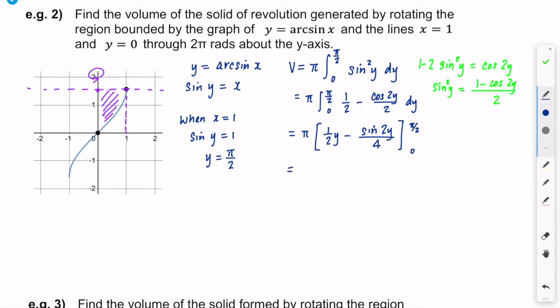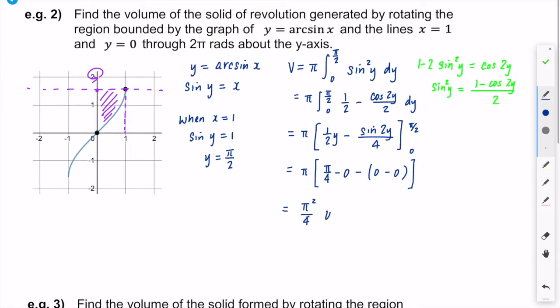This way, I will have pi over 2 times a half, pi over 4, minus sine pi over 2 times 2, so sine of pi, which is 0, so that's good. And then minus 0 times half, minus sine of 2 times 0 is also 0. That means this volume is going to be pi squared over 4 units cubed.